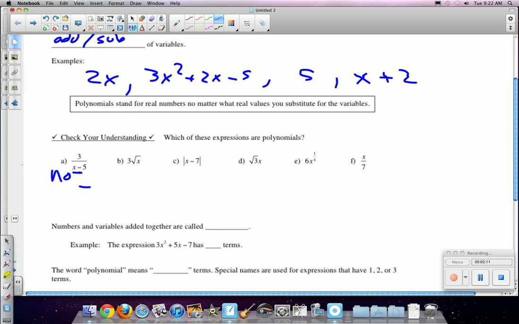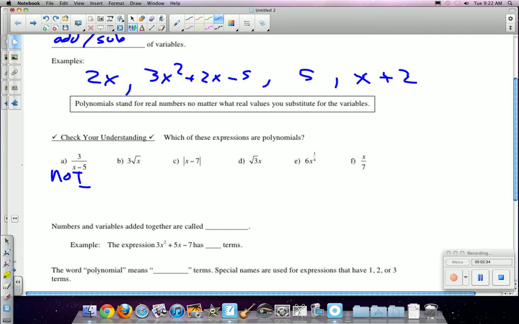So this would not be a polynomial. Okay? How about this? Can you think of any values of real numbers for which this one doesn't work? Well, is square rooting addition or subtraction or multiplication?